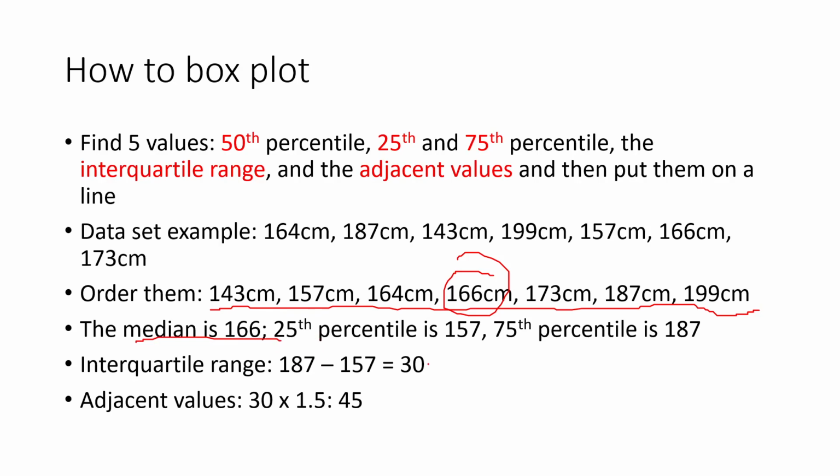Now, to find the 25th percentile, you remove your median. Then you look at this bottom half and find the median of that. There are 3 here, divide by 2, 1.5, round it up, that's 2. So you count 1, 2, here's your 25th percentile.